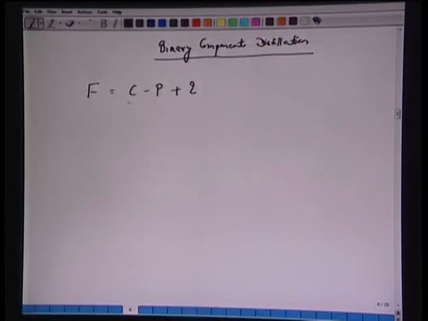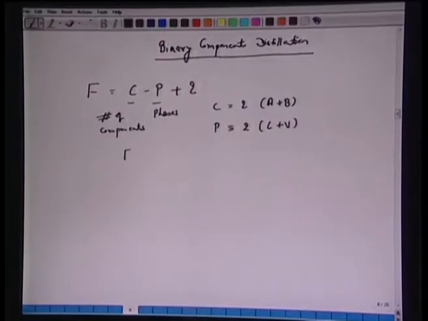Where C is the number of components and P is the number of phases. In our case we have C equals 2, two components A and B, and the number of phases is 2, liquid and vapor, which means the degree of freedom is 2.